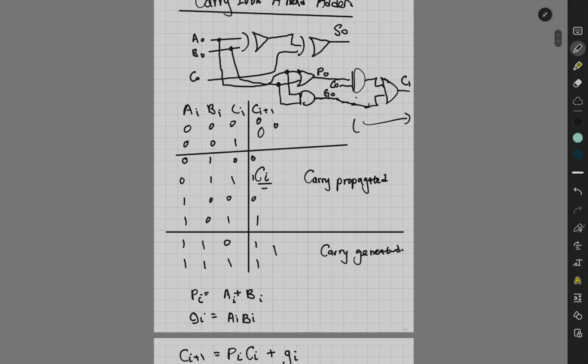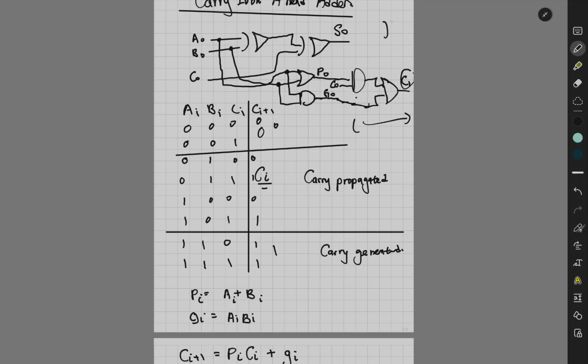So we can see that the critical delay path to generate S is 5 tau. Let's say if we want to generate S1, we need to connect this C1 to this S1.